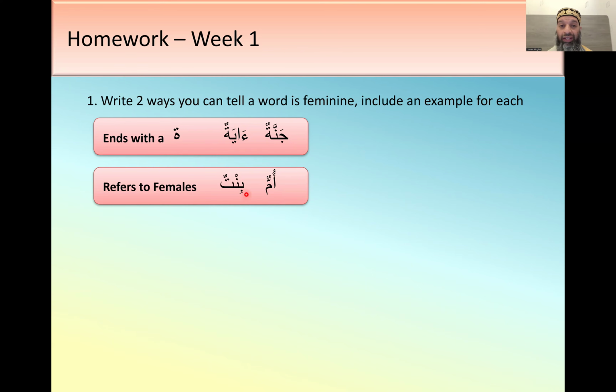Although they don't end in a ta marbuta, because they are themselves a female being, it is then classed as a female word. So those are the 2 categories we covered last week. There are more, but that will be covered inshallah in level 2 that I plan to run this time next year, inshallah. Okay, so this is question 1 done.